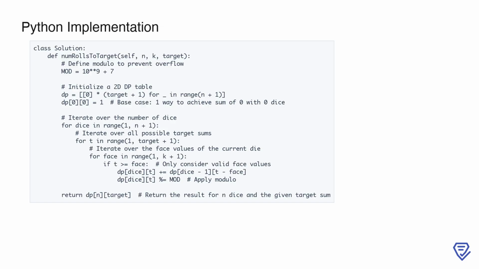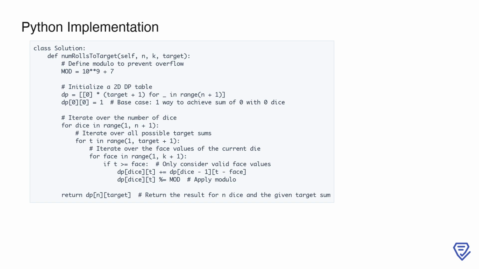2. Outer loop, number of dice. We iterate over the number of dice, from 1 to n. 3. Middle loop, target sum. For each dice count, we iterate over all possible target sums, from 1 to target. 4. Inner loop, die faces. For each target sum, we iterate over all possible face values, 1 to k.